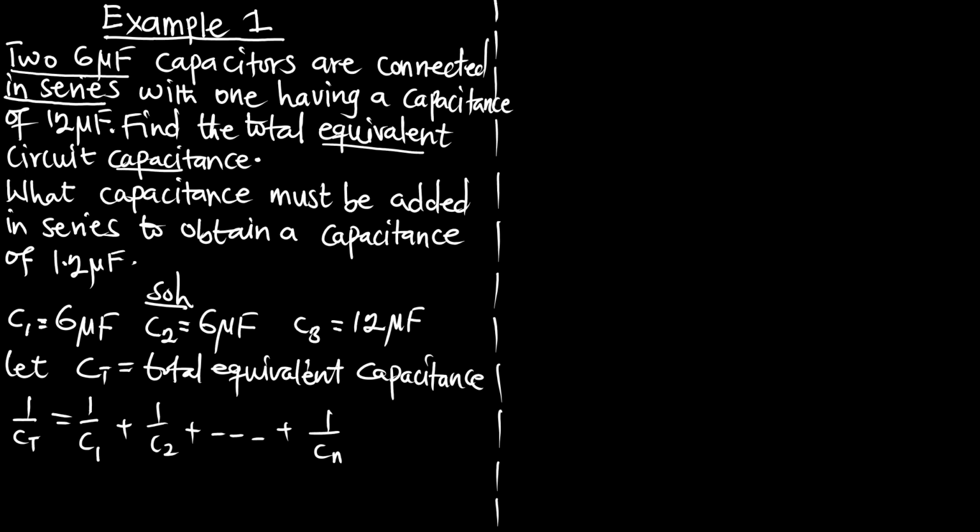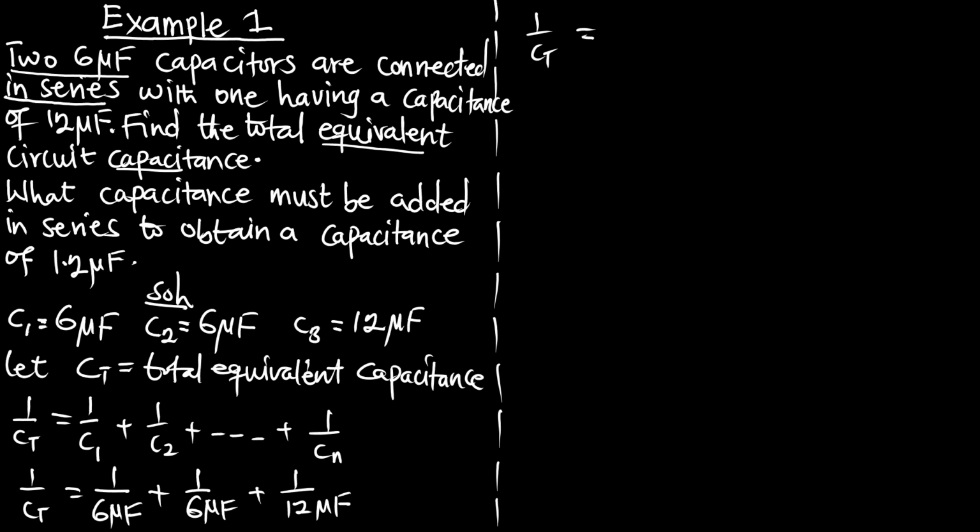So we are going to get 1 on CT to be, the first capacitance is 6, we are working in microfarad, plus 1 on 6 microfarad plus the third one, 1 on 12 microfarad. Now, if you continue to punch all this, this is going to give you 1 on CT equal to 5 on 12 microfarad.